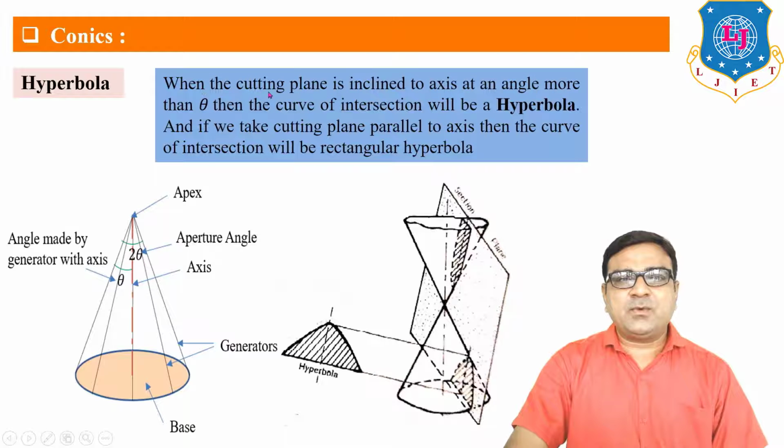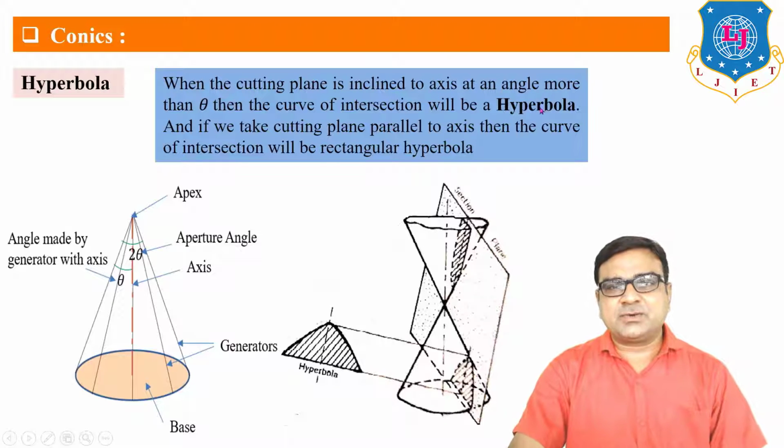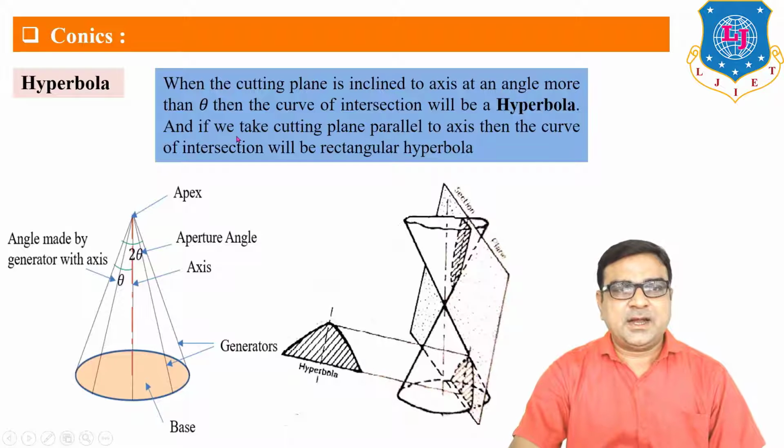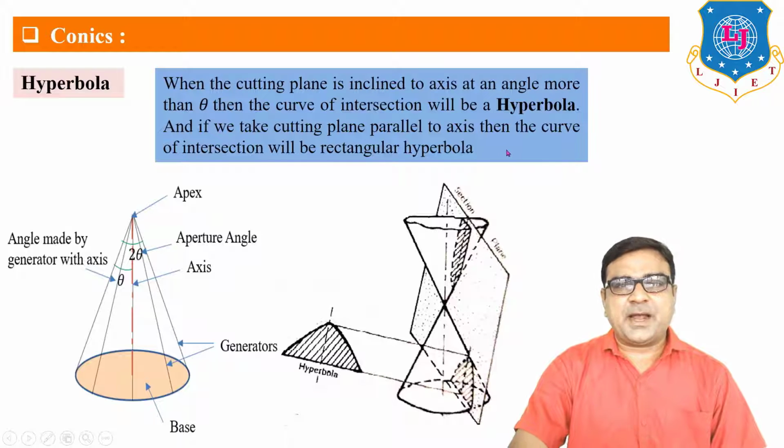For hyperbola, when the cutting plane is inclined to the axis at an angle more than theta, then the curve of intersection will be a hyperbola. And if we take the cutting plane parallel to the axis, then the curve of intersection will be a rectangular hyperbola.